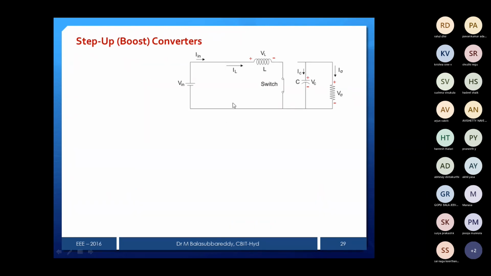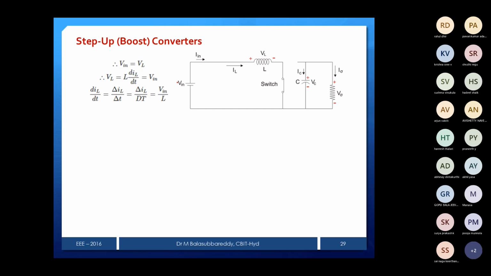Now if I use KVL, the input is equal to the inductor voltage only, because both are the same. VD or Vin or Vs, anything is the same, don't get confused. Vin is equal to the inductor voltage. What is the inductor voltage? L di by dt is equal to Vin, and from this di by dt is equal to Vin by L. That is the switch-on condition.